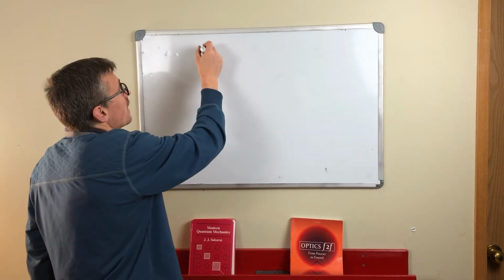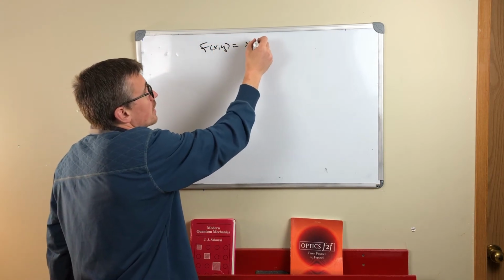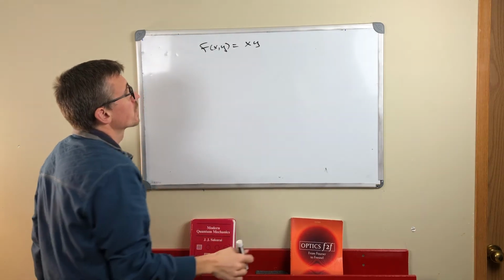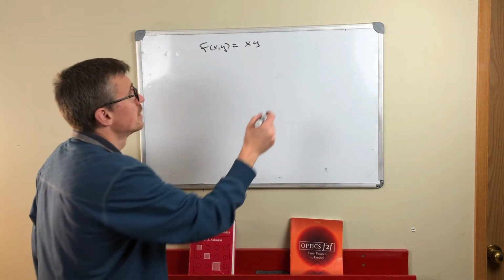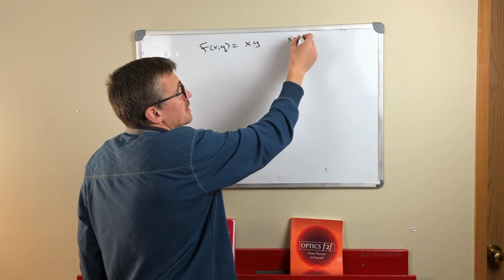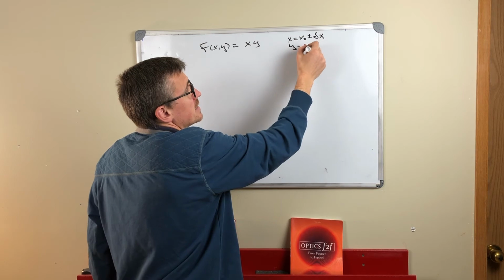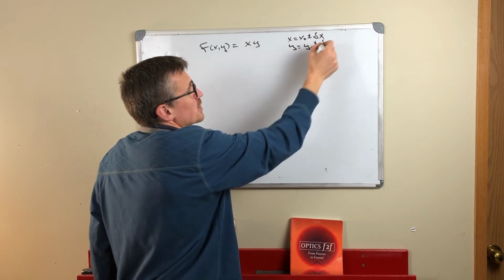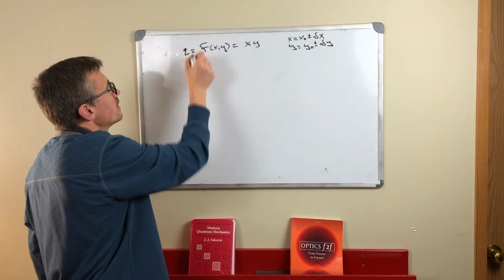Let's just say that f of x,y is equal to xy. So f of x,y is equal to xy, and we measure x is equal to x naught plus or minus delta x, and similarly for y, as we've been doing. So what's our uncertainty in f? We'll call this Q now.